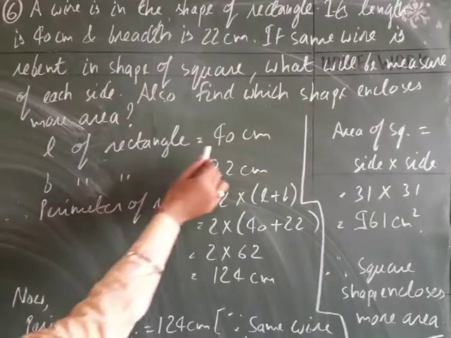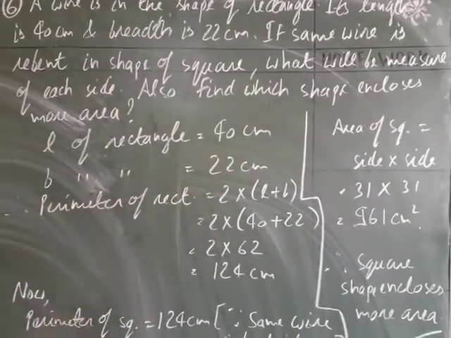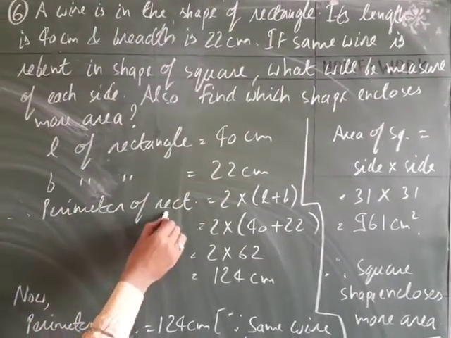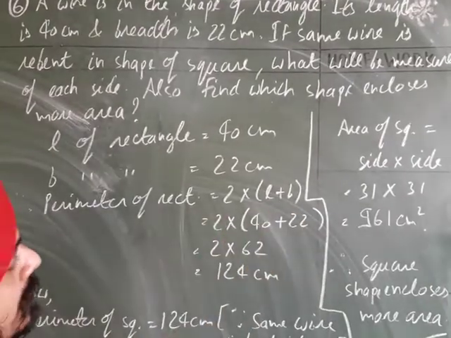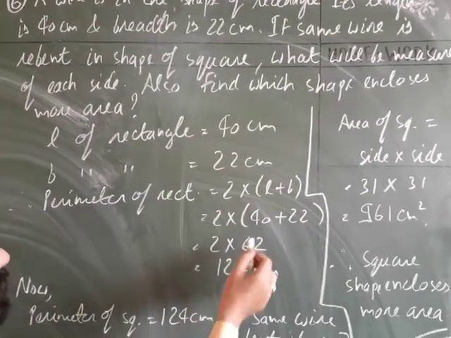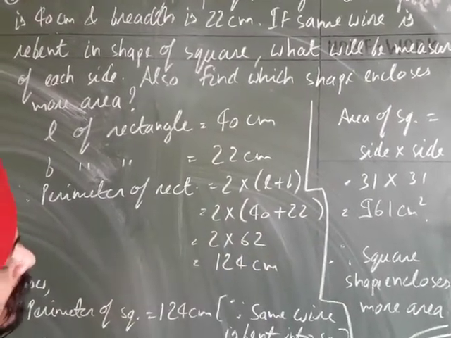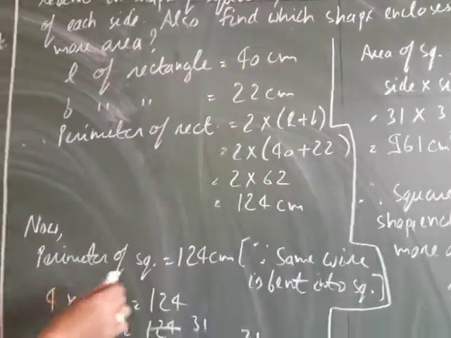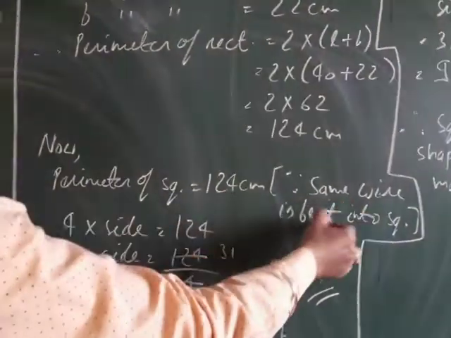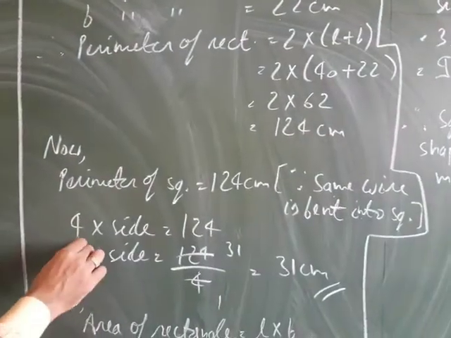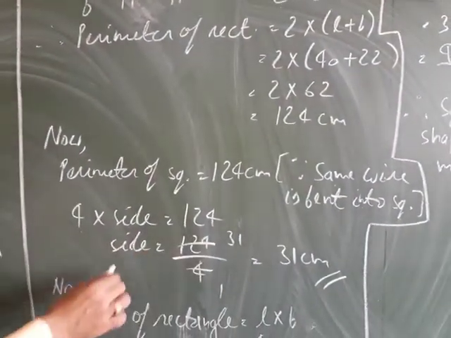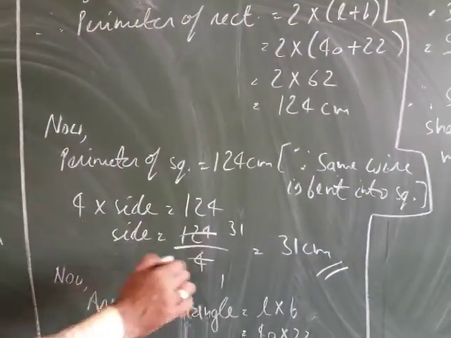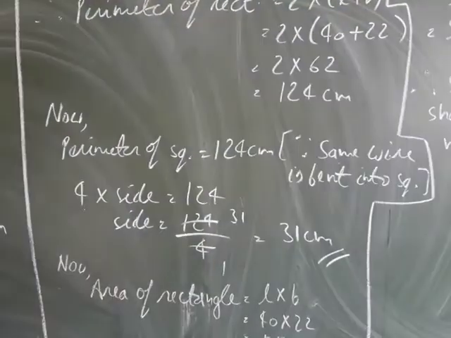So length of rectangle is 40 and breadth is 22 centimeter. You will find perimeter of rectangle, 2 multiplied by L plus B. Put up the values, you will get perimeter as 124 centimeter. Same will be the perimeter of square, as same wire is rebent into square. Now 4 into side equal to 124, so side equal to 124 divided by 4. You will get 31 centimeter.